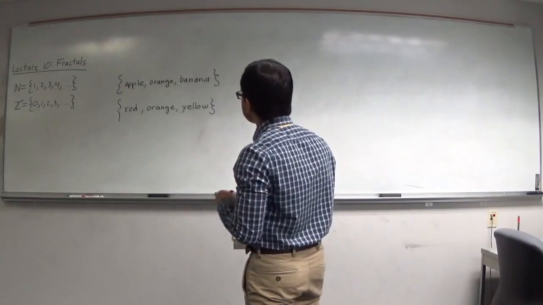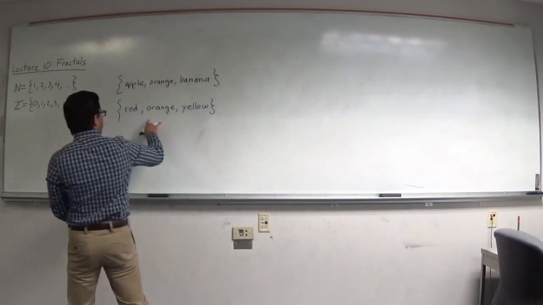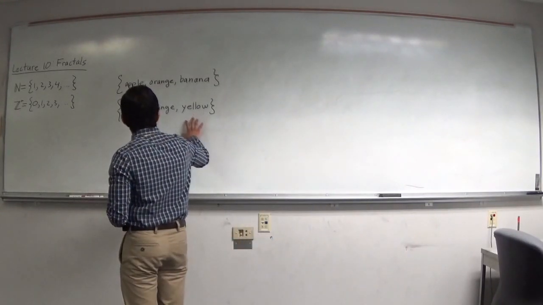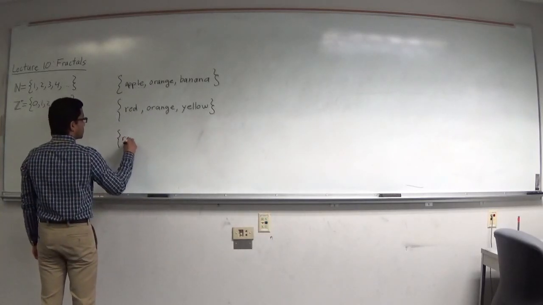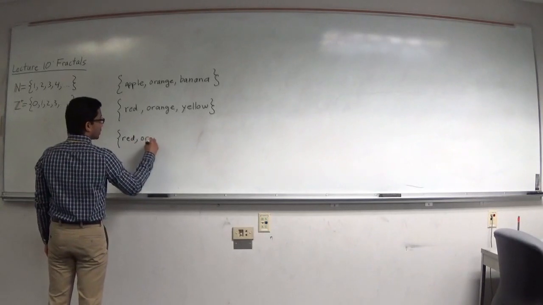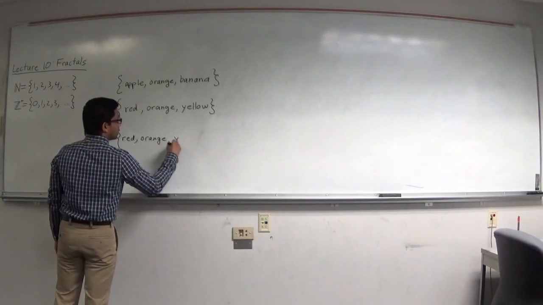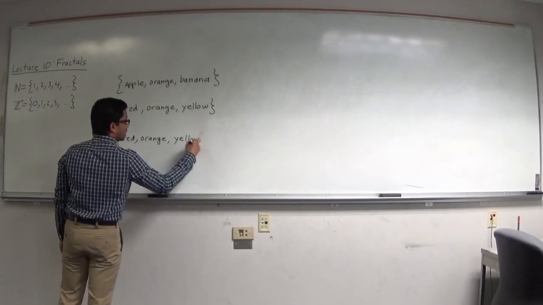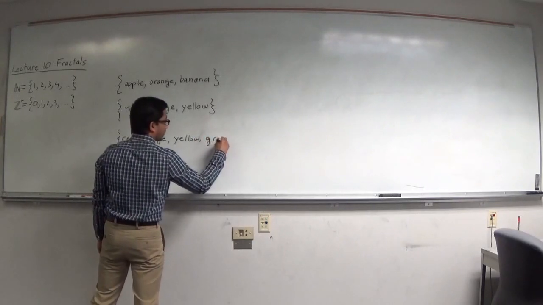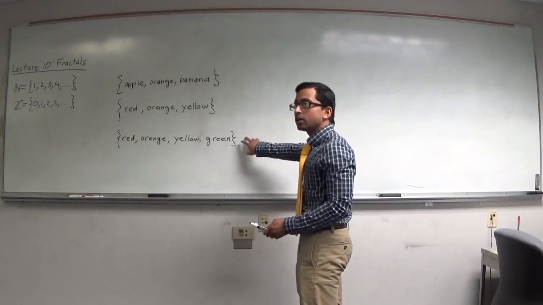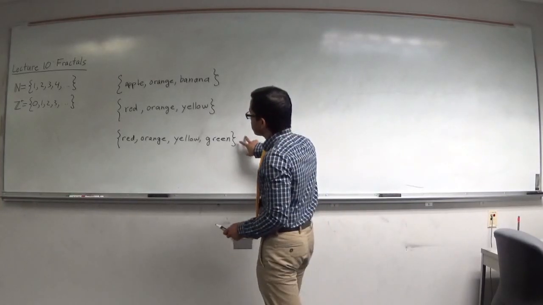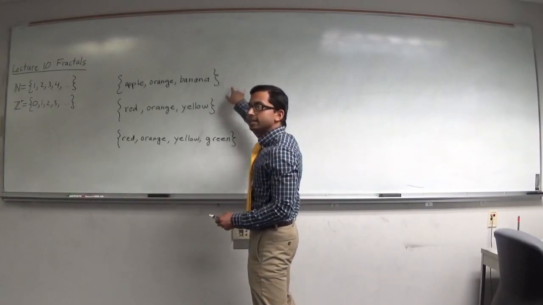But now let's think of this. Let's keep this set, but let's also include this set: red, orange, yellow, and say green. So it's clear to see here that this set is bigger than these two sets.